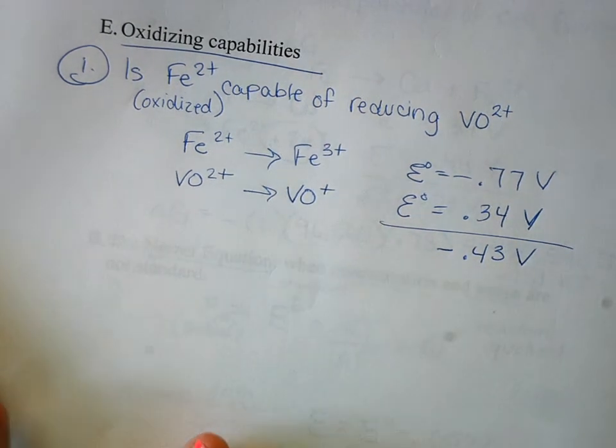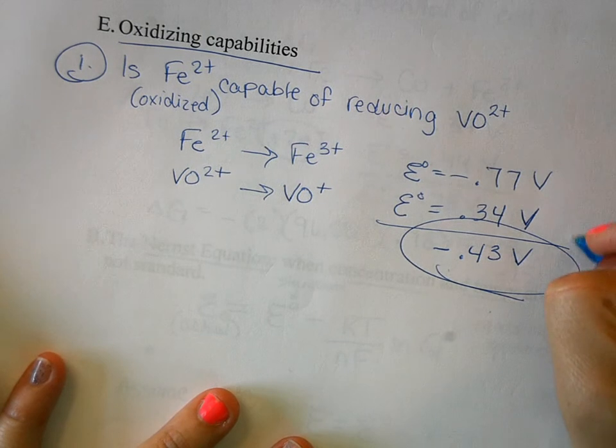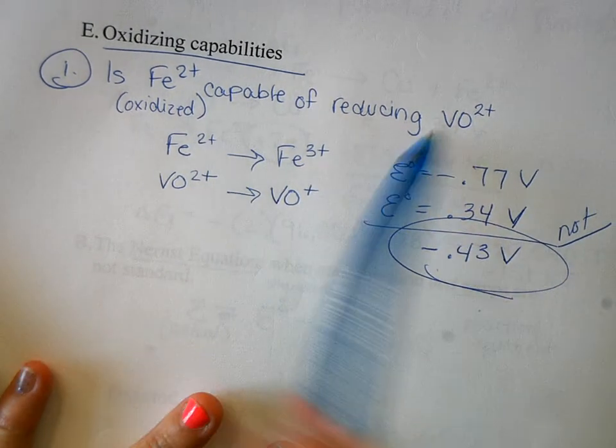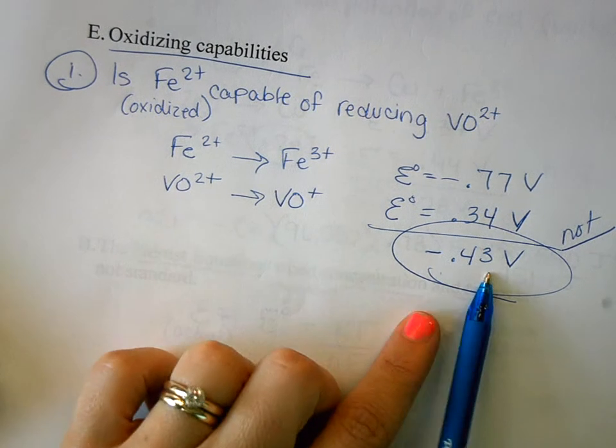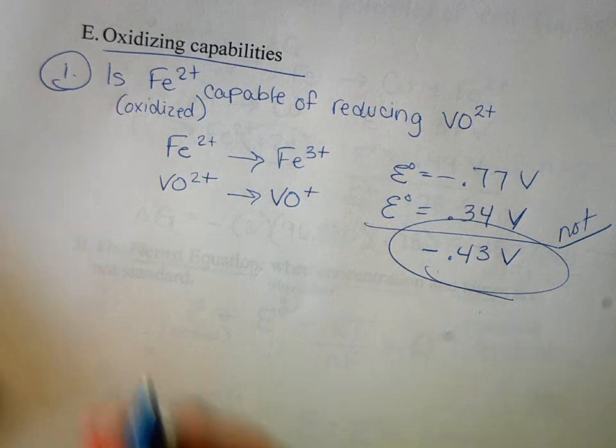Do you think that that's going to happen if the overall thing is negative? No, it's not going to happen, okay? So it's not capable of reducing that. You have to get the combination to be a positive voltage number in order for it to be a possible combination of half reactions that can work together to produce a positive voltage. Okay, next type of question. Any questions there?